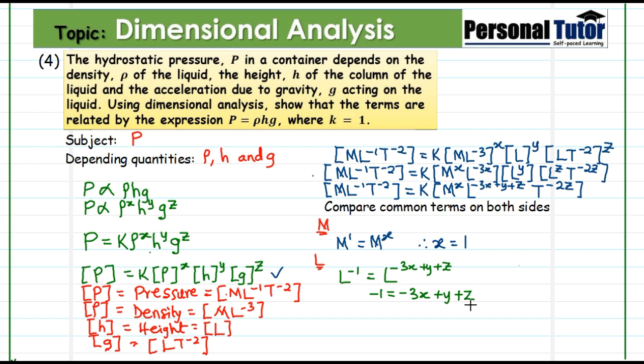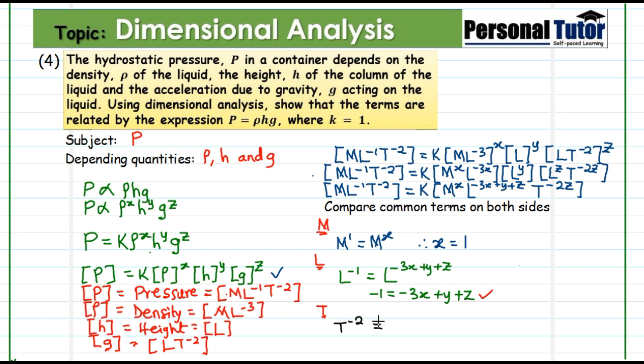This equation needs to be solved when the values of Y and Z as well as S are known. Already we know the value of S, so let's wait for the values of Z and Y. With the T, on the left hand side, T carries -2.